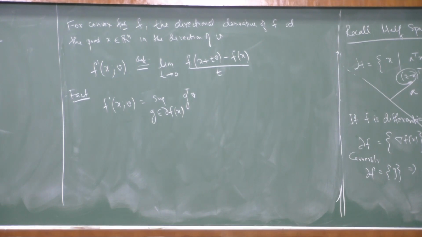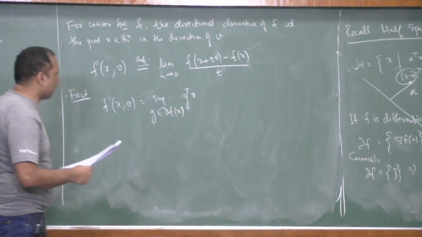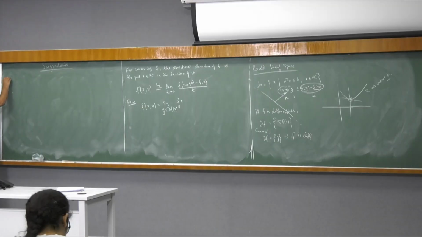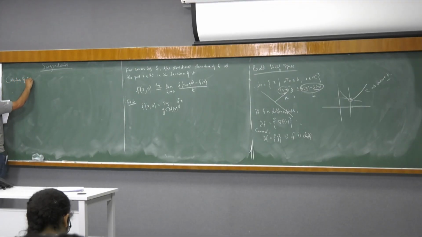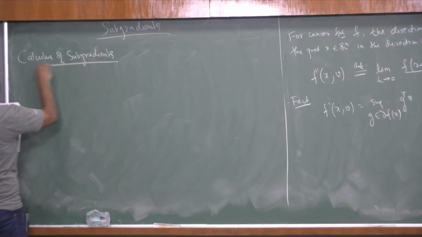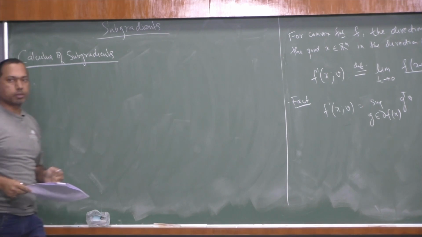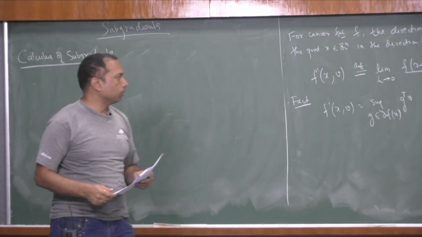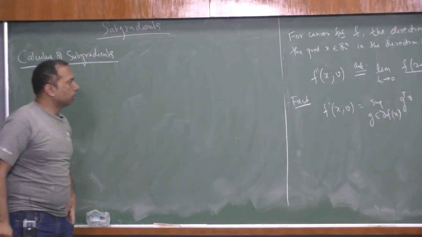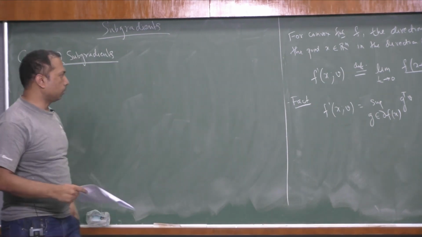Then we have done the calculus of subgradients, so let us have a look at that. Just like the usual classical derivative, we also want to know the subdifferential of a sum of functions, the subdifferential of a scalar multiple of a function, and so on.